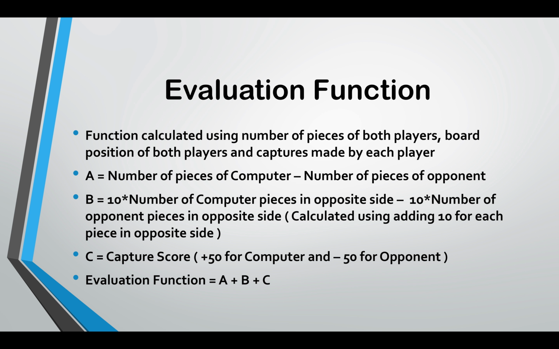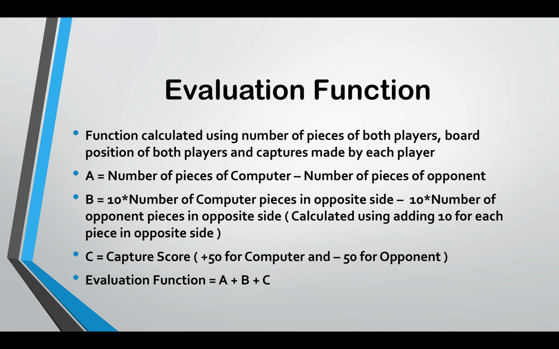The next function is the board position. For the opposite side, we multiply the number of pieces on the opposite side by 10, and for each computer piece we add it, and for each opponent piece we subtract this value.